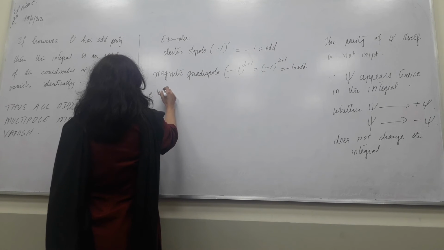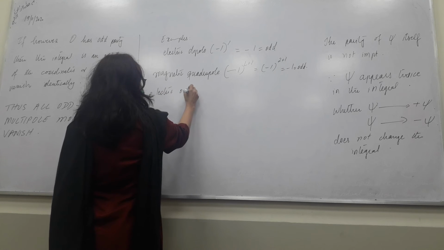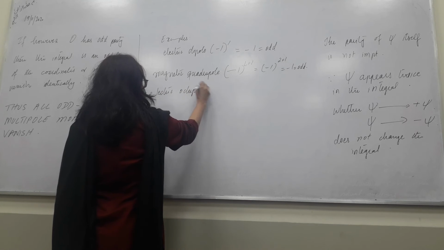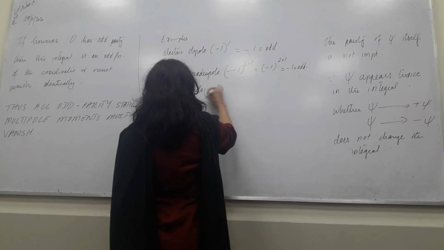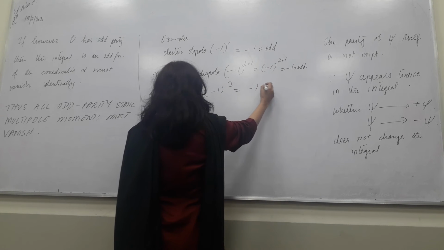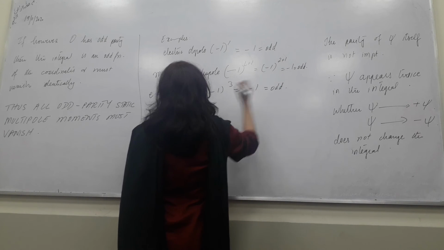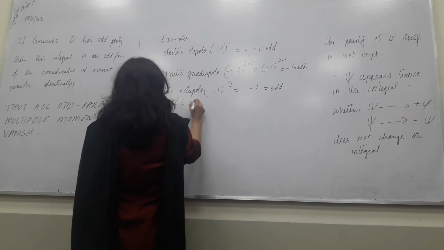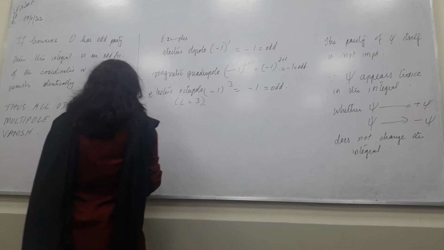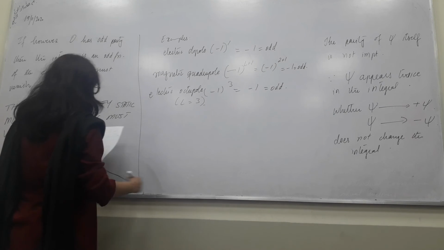And electric octopole, -1 raised to 3 is equal to -1, which is odd, because in this case L is equal to 3.